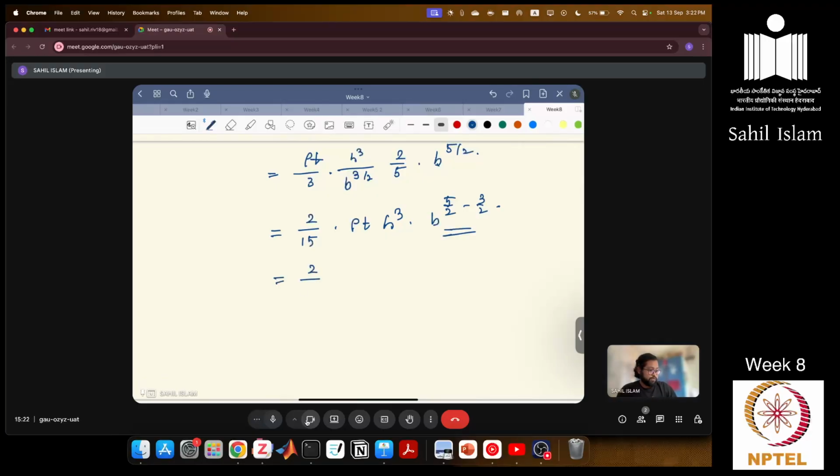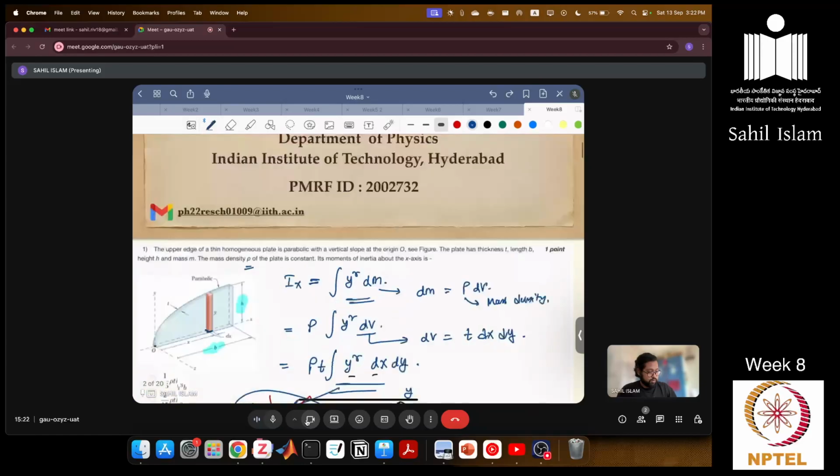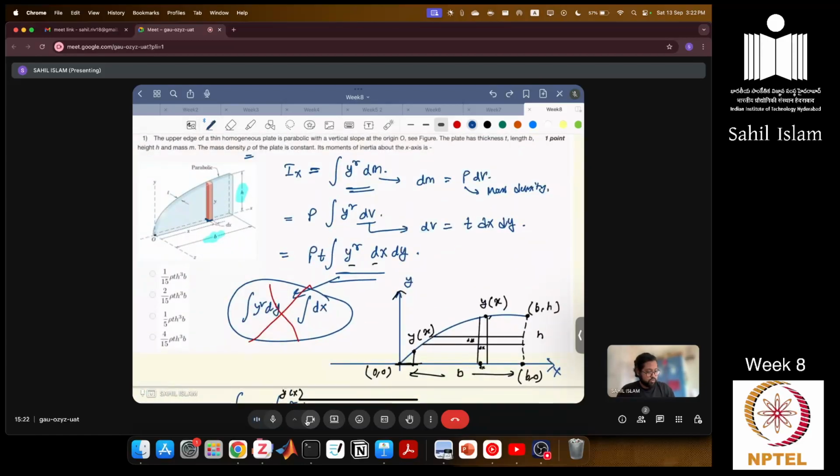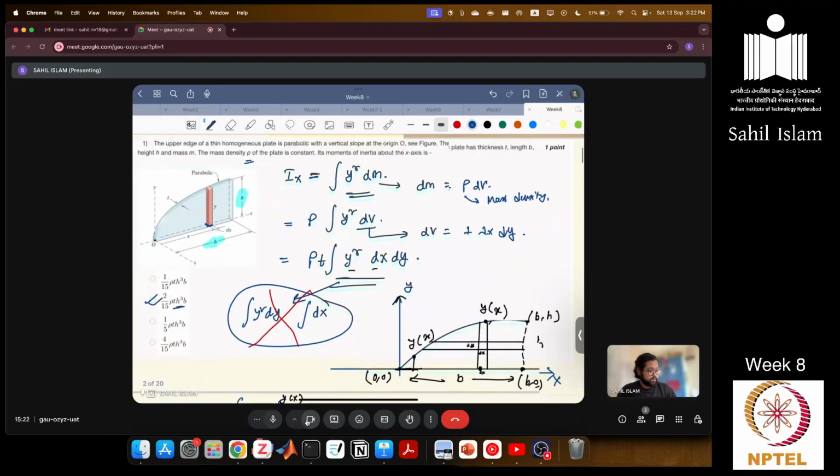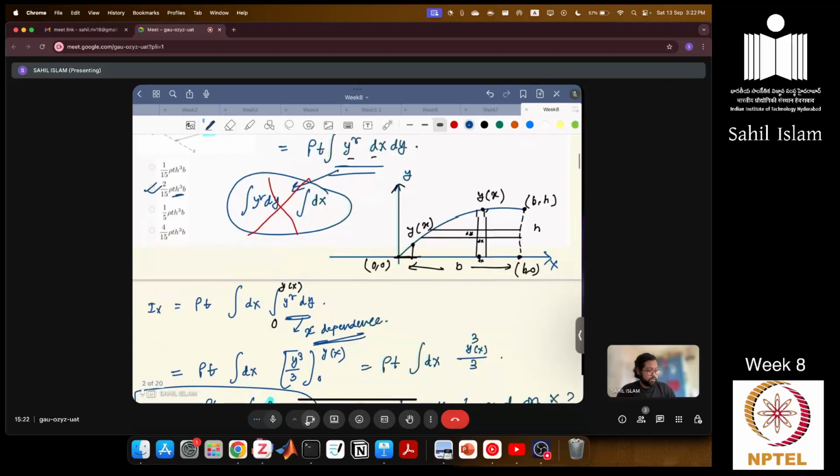So Ix equals 2 by 15 rho t h cube b. So this is our final answer. And let's go back to the question. So 2 by 15 rho t h cube b, this is our answer. So the trickiest part is to do this integral like this.